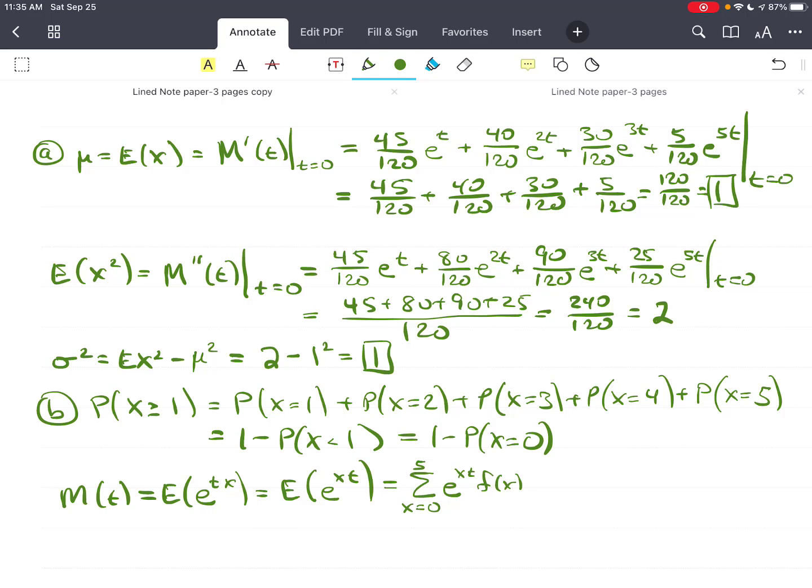So this is going to be f of 0 plus e to the t f of 1 plus e to the 2t f of 2 plus e to the 3t f of 3 plus e to the 4t f of 4 plus e to the 5t f of 5.